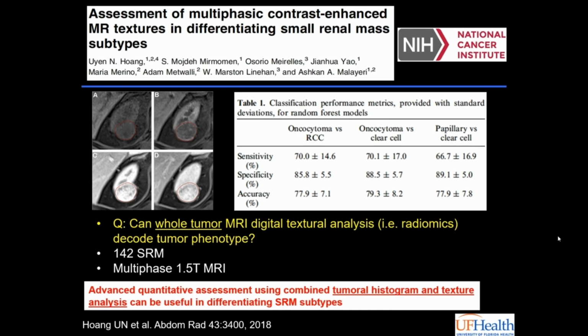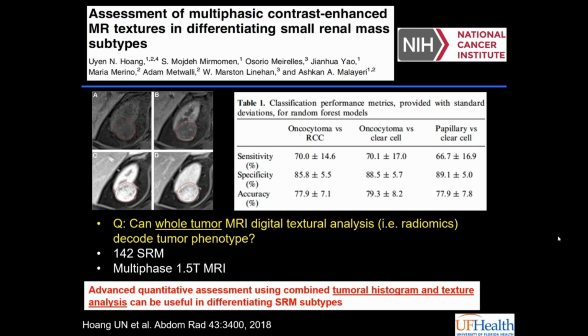And the question is, can whole tumor MRI using digital textural analysis, and this is the concept of what we call radiomics, and this gets into, again, the idea of artificial intelligence looking at a lot of data and looking at the entire texture or data stream of the tumor. Can that help decode the tumor phenotype? And this is a very interesting study where they utilize advanced quantitative assessment using a combination of two things.